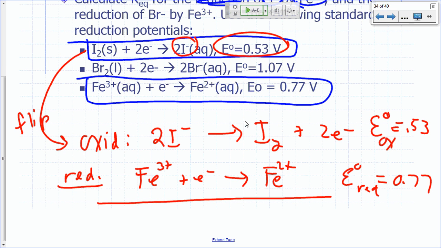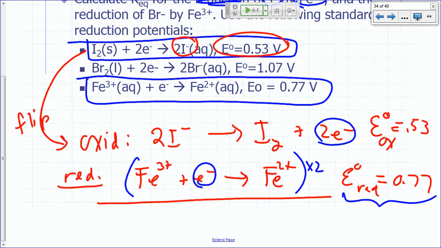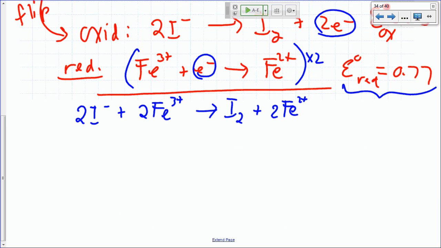Electrons lost must equal electrons gained, so I have to multiply the second step by 2. Keep in mind, standard reduction potentials are intensive properties. Even if you multiply your coefficients by 2, the potential remains the same, so you don't multiply this other side by 2. If you combine these, you have 2 iodide plus 2 ferric ions, Fe plus 3, yields I2 plus 2 iron plus 2. That's your overall reaction.